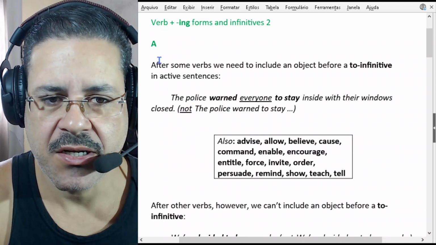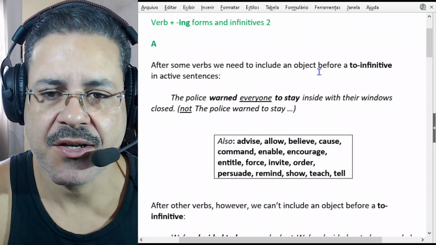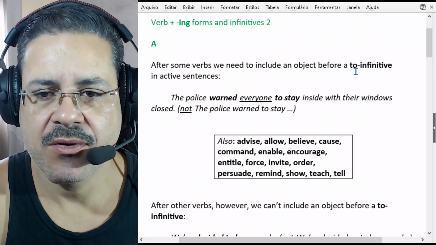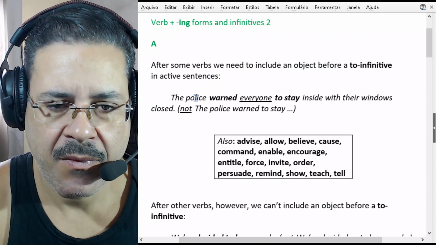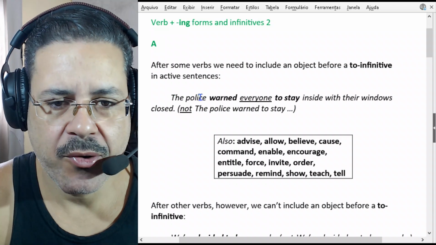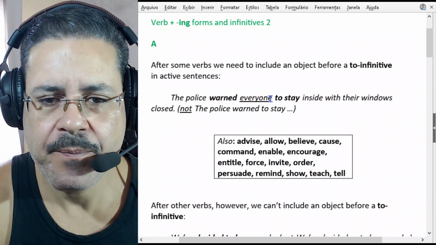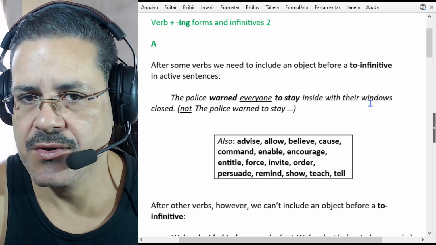So we've got here, after some verbs, we need to include an object before a to infinitive in active sentences. Basically, we've got this example: The police warned everyone to stay inside with their windows closed.